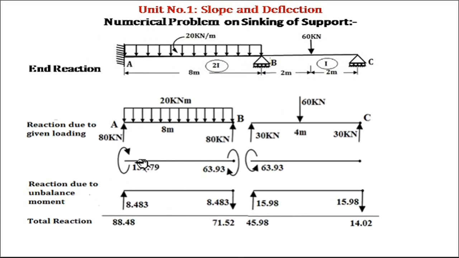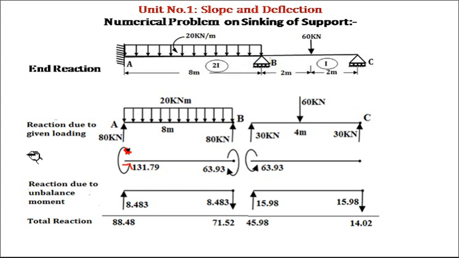As it is plus, here the sign is wrong, it should act in anti-clockwise direction. Okay, the moment in member BA is minus 63.93.